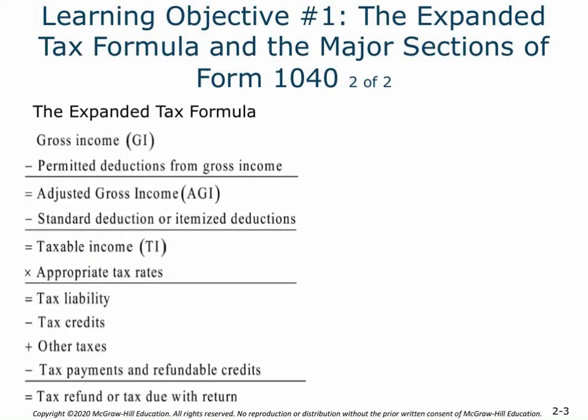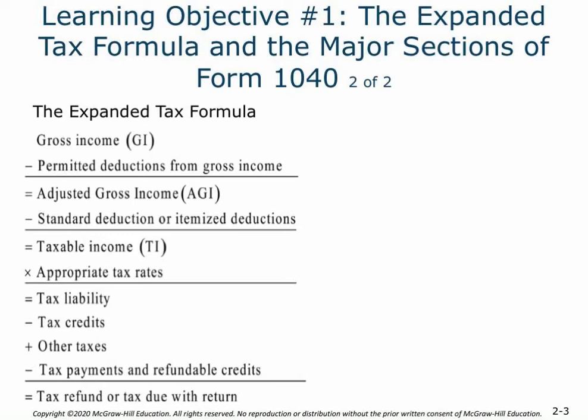So here is the expanded formula. We're going to begin with gross income, which is going to be section 61 of the Internal Revenue Code. We're going to subtract permitted deductions as a for AGI deduction. So that's going to be from gross income to arrive at the adjusted gross income.